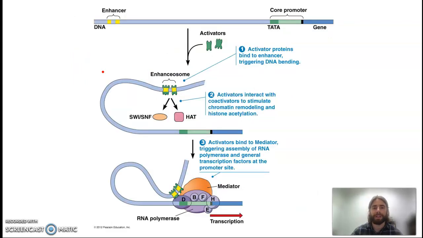So this is just another look, but a similar concept where this enhancer region will bind to these activators in green and help make sure that this complex of transcription factors actually makes it to the right site at the promoter and moves forward.